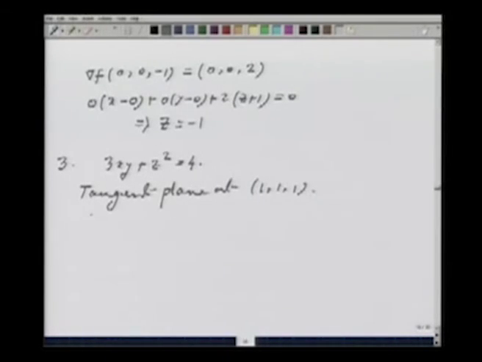What is the idea? I look at the function first. What is f of x, y, z? This is 3xy plus z squared. So my surface is actually all x, y, z such that 3xy plus z squared equals 4.